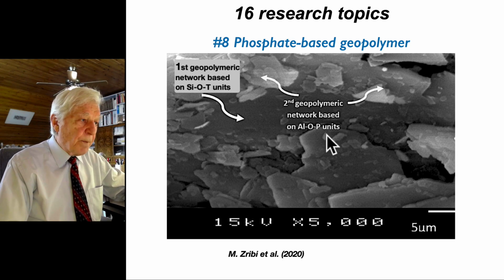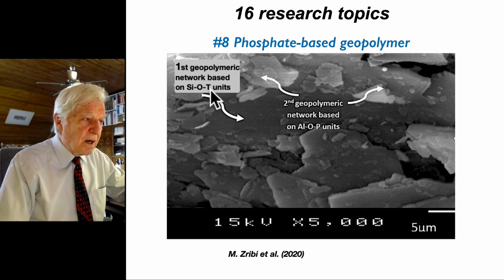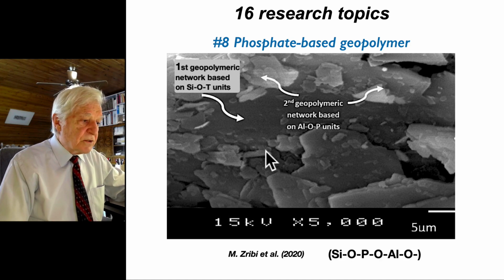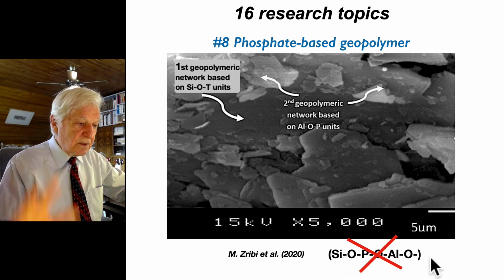So the AlOP unit, aluminum phosphate unit, is in solid solution with the SiO2, which could be SiO2 silicate or perhaps SiOP silicon phosphate, but I doubt that it is silicon phosphate because this requires higher curing temperatures. So the answer to the question that had been raised, do we have SiOP or AlO sequence, is no.